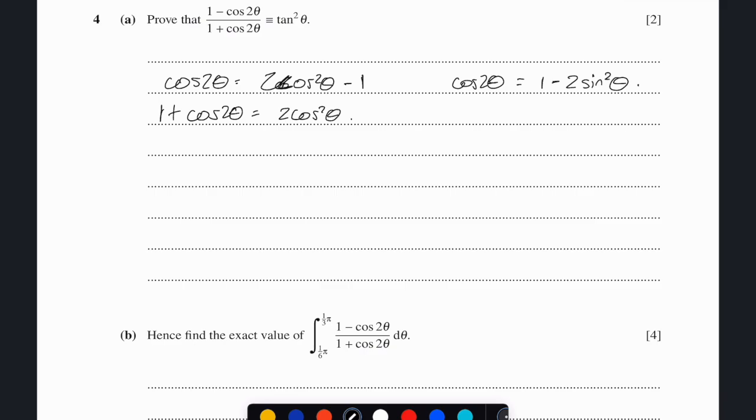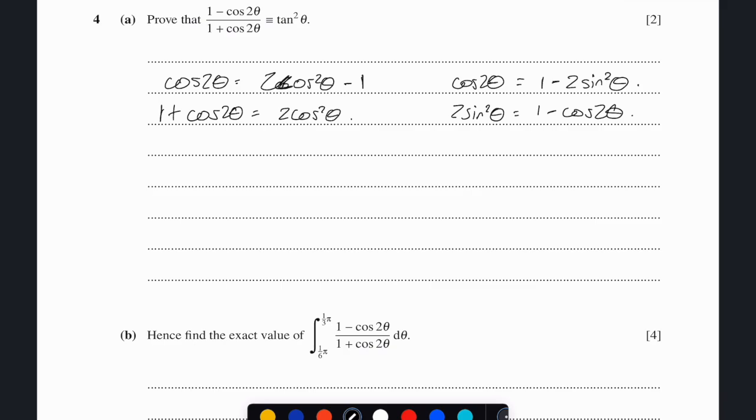And we can say that therefore 2 sin squared theta is going to equal 1 minus cos 2 theta, right? So we've got these two identities here. So therefore 1 minus cos 2 theta is equal to 2 sin squared theta.